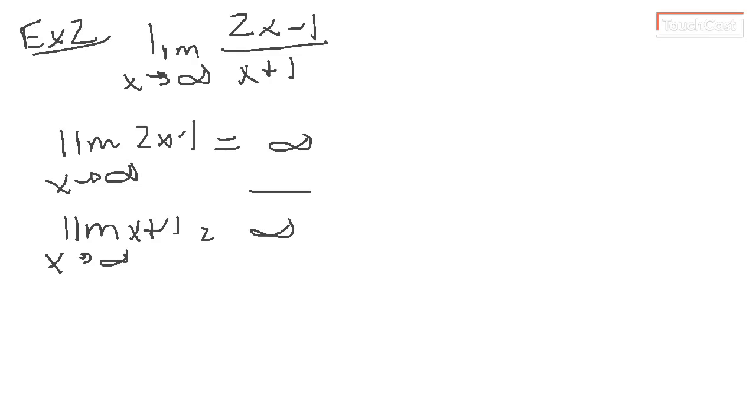So to resolve this, what we do is we are going to divide by the term with the highest power in the denominator. So in our denominator, in this case, the highest power term is just x. So we're going to divide everything by x. In fact, I'm going to type it for you so you can see it nicely written out.